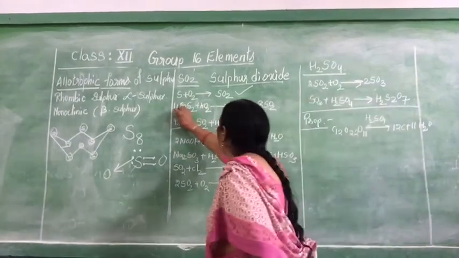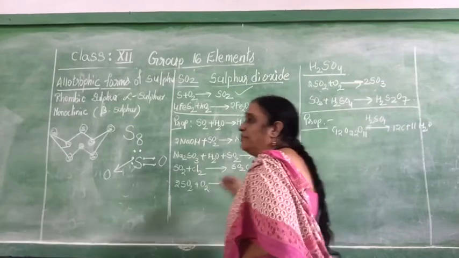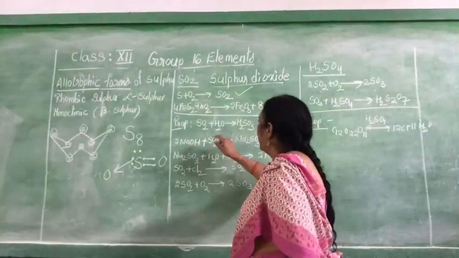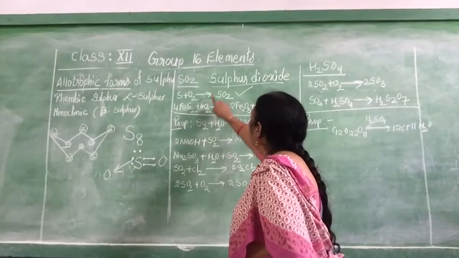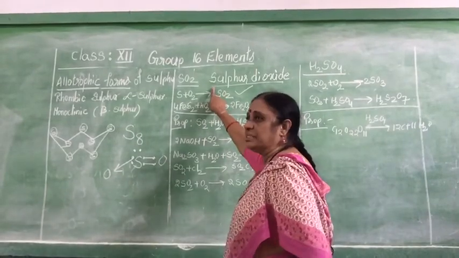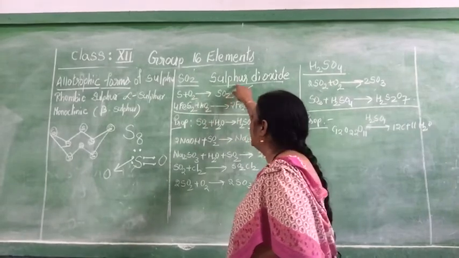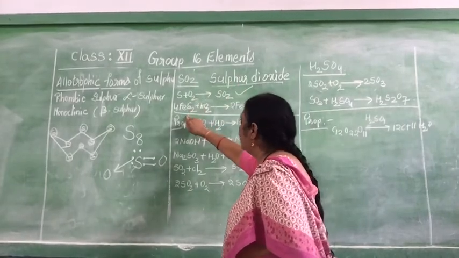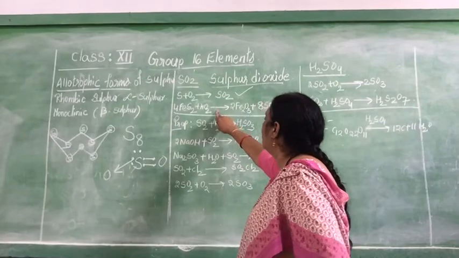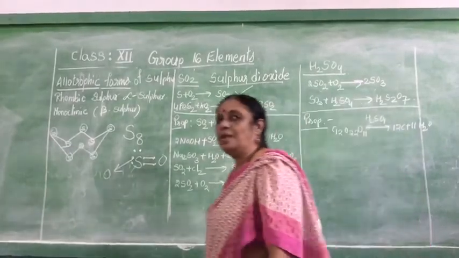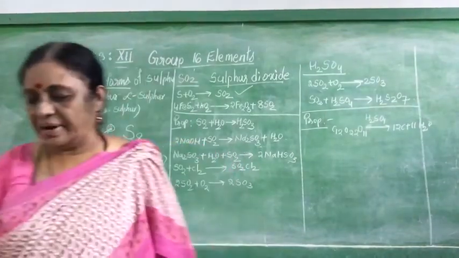Now next, properties. Sulfur dioxide is a colorless gas. Now preparation is clear, children. Sulfur reacts with oxygen to form sulfur dioxide, and iron sulfide, when it is treated, will give Fe2O3 and 8 moles of sulfur dioxide.